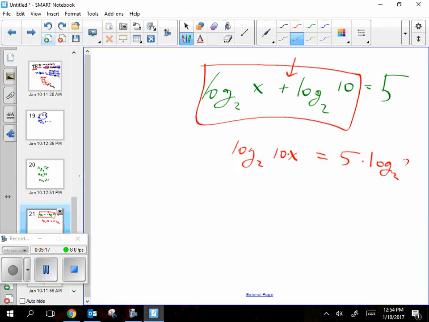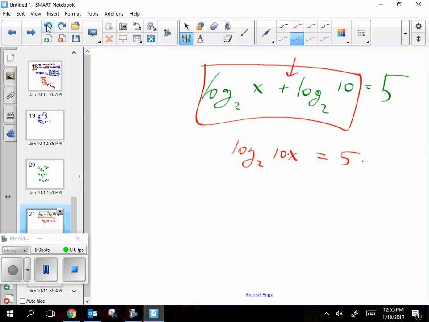Why did I just do that? Because now I have logs on both sides. That 5 can come up and be a power on this. And then the logs can be removed. And 10x equals 2 to the 5th. And then you just divide by 10. I'll back up.